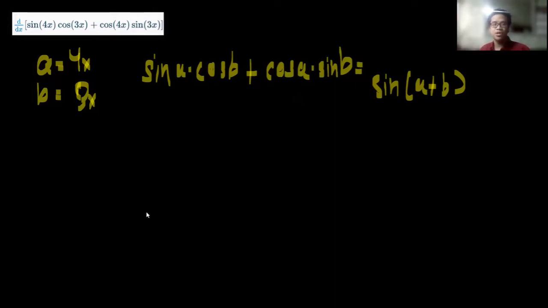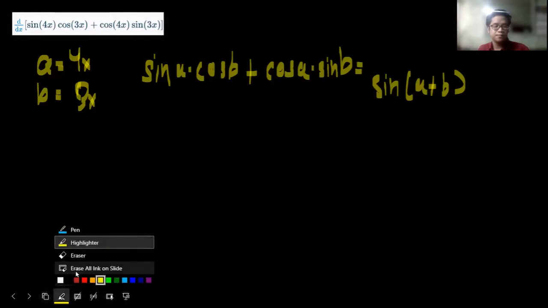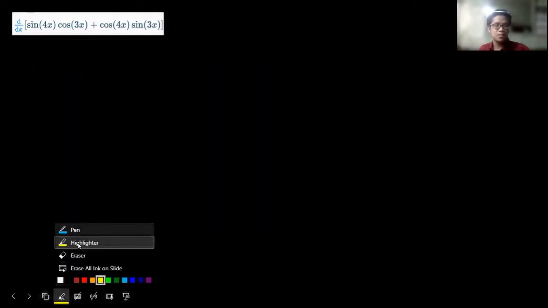So let's go back to the topic. Since I already wrote the formula of sine 4x, cosine 3x, and so on, I can rewrite this one. Wait, hold on, this is wrong. There you go.